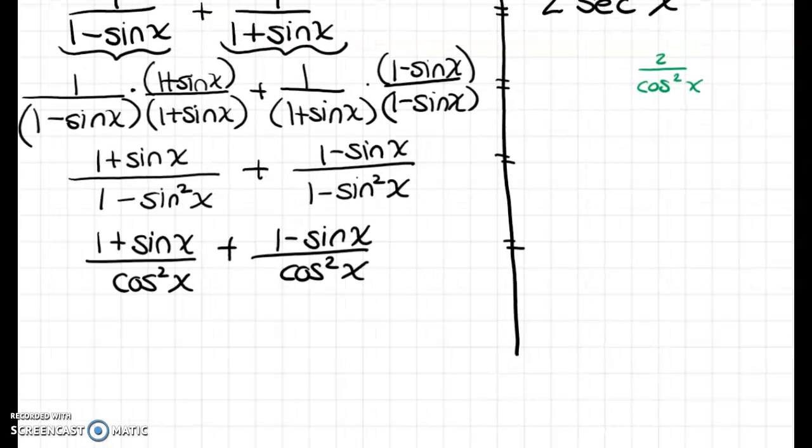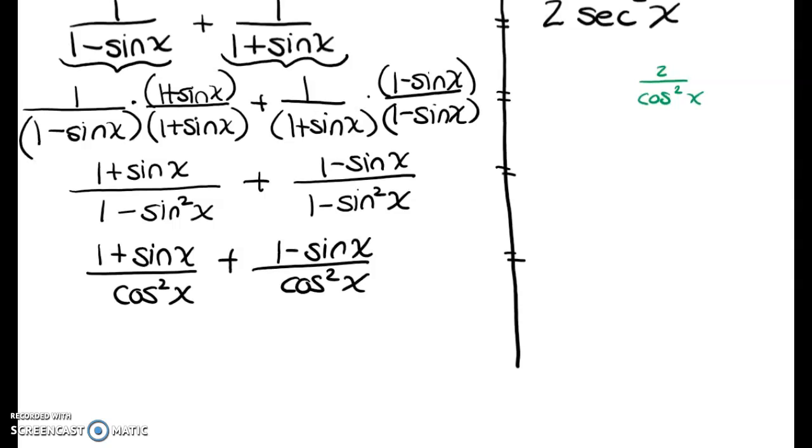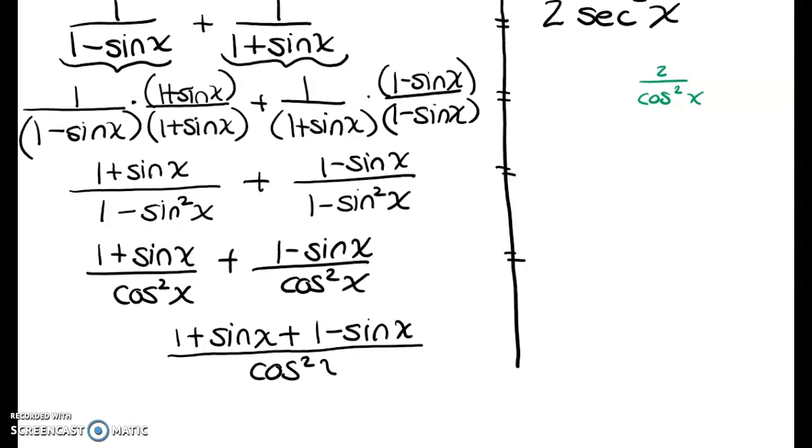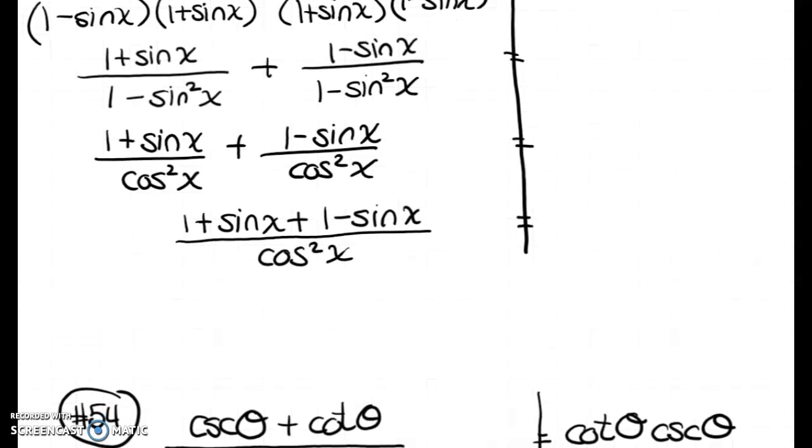All right, so now what are we going to do? I say we combine these into one fraction. So we get 1 plus sine x plus 1 minus sine x over cosine squared x. You'll notice our sines reduce out.